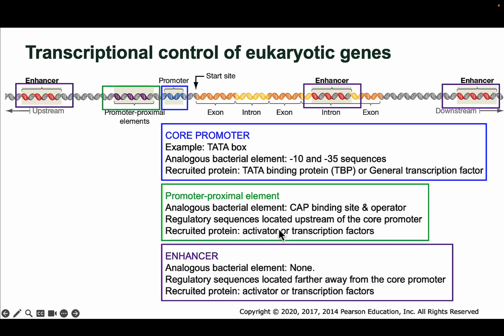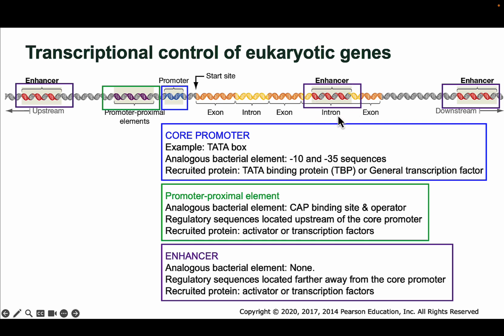And this is where enhancers come in, okay? There's no analogous bacterial element for an enhancer, but these are regulatory sequences located farther away from the core promoter. They can be very far upstream from the promoter, they can be downstream from the promoter, or they can even be within an intron in the gene itself.